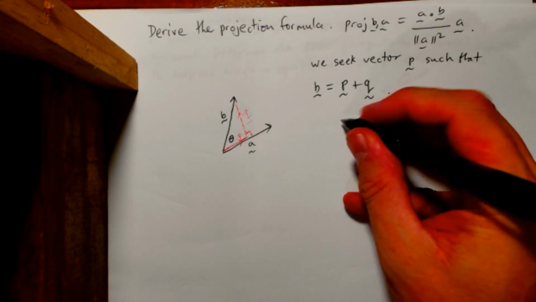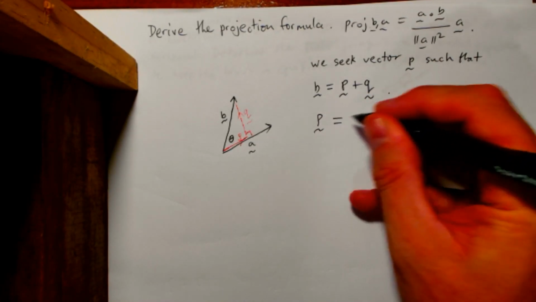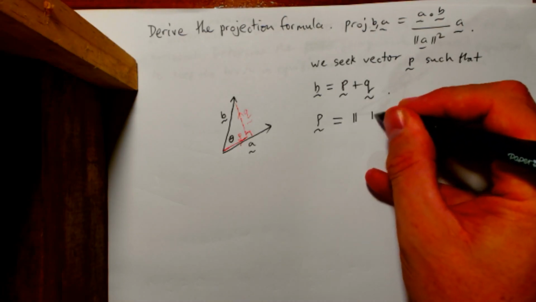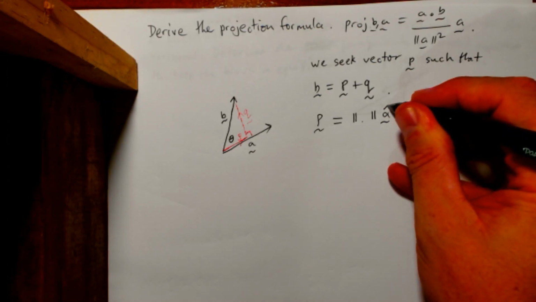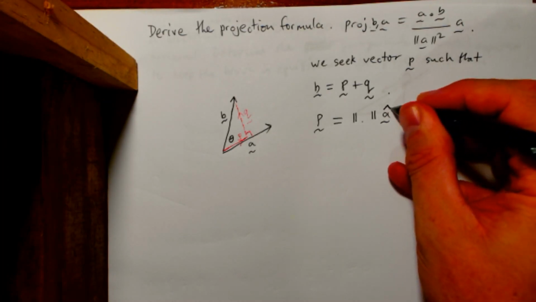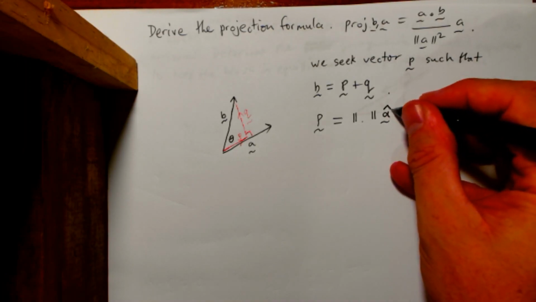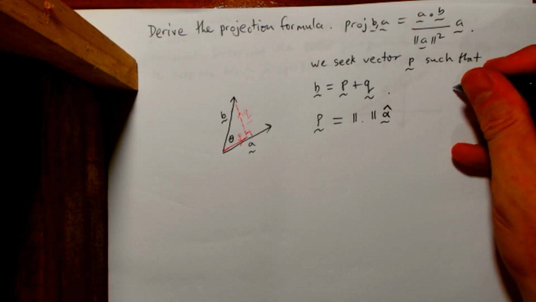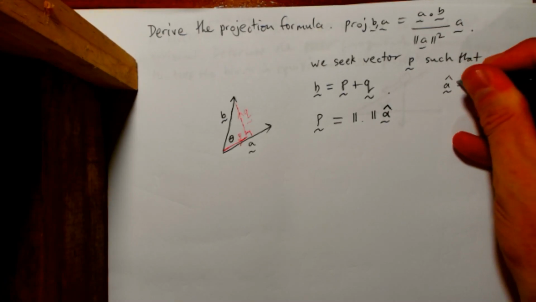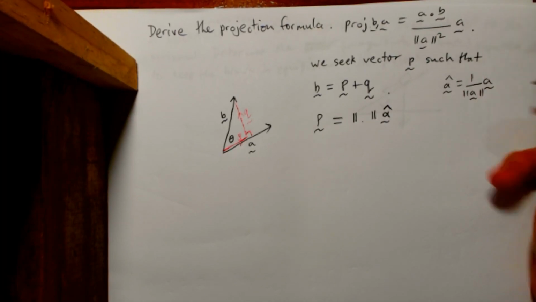So P is some magnitude of a vector multiplied by the unit vector in the direction of A, which we call A hat. Right, so putting a hat on this vector says this vector here, A hat, has norm 1. And remember that A hat is defined as 1 over the norm of A times the vector A.